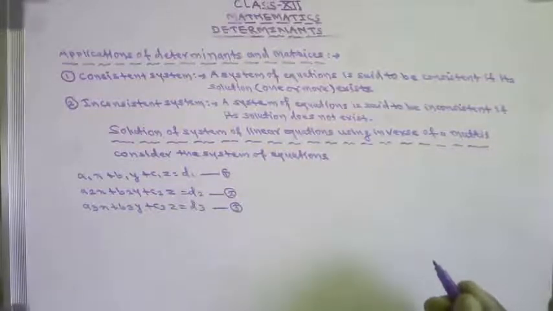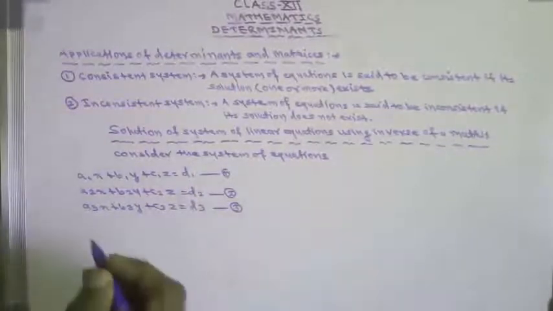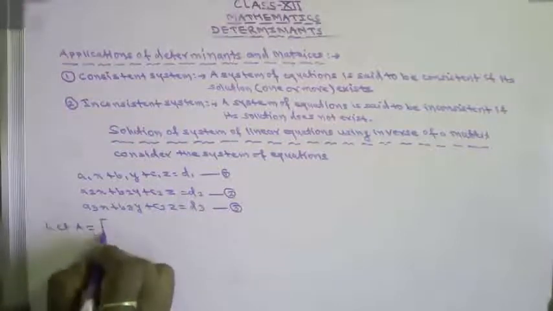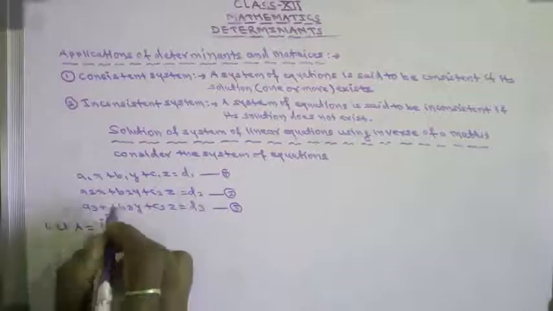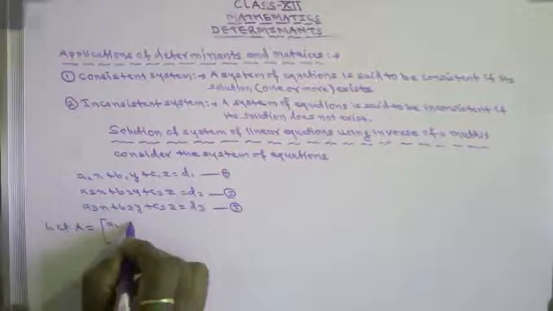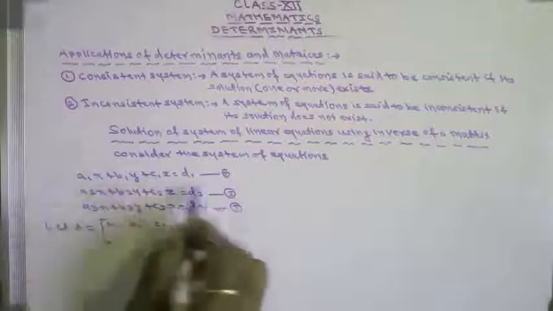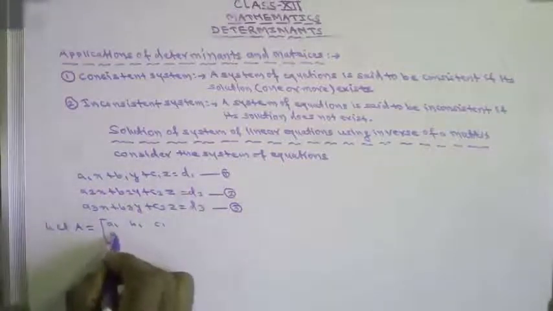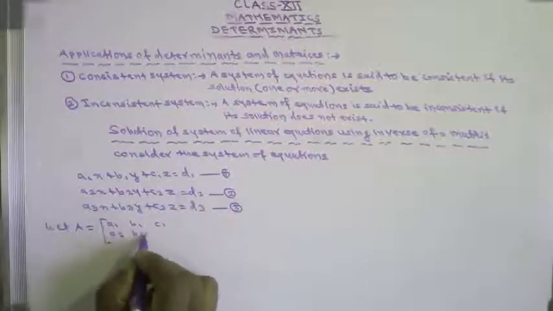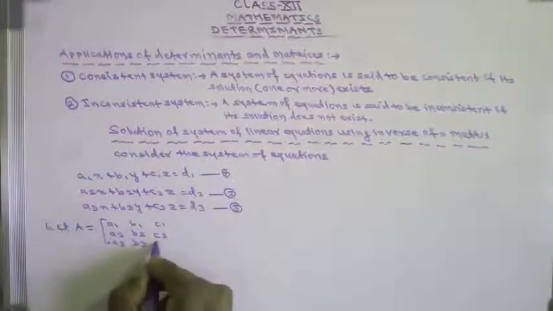Now let us try to write these linear equations in the form of the matrix method. So I am considering here, let capital A be the matrix of the coefficients of x, y, z. First row a1, b1, c1, coefficients of x, y, z in the first linear equation. Coefficients of the second equation, a2, b2 and c2, then a3, b3 and c3.